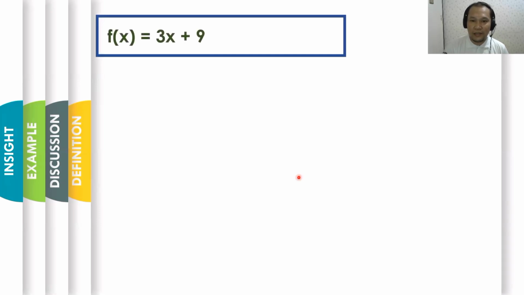Now let's do this example. Given are the following functions. f of x is equal to 3x plus 9, and g of x is equal to 1/3 x minus 3.